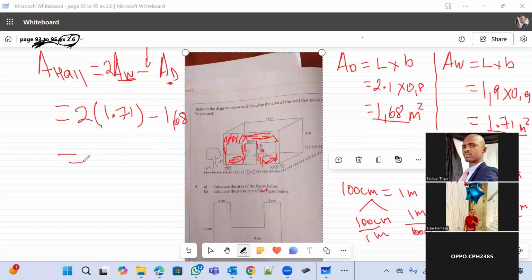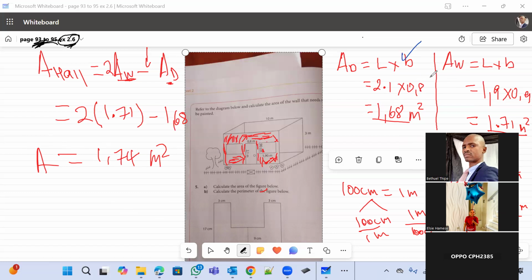So 2 multiplied by 1.71, take out 1.68. Then I'm left with 1.74 square meters. You see, when I was doing my calculations here, I was omitting the units, but my final answer contains the units.